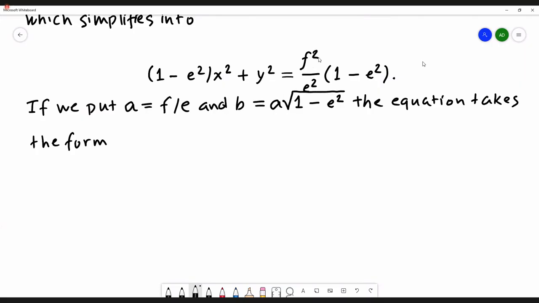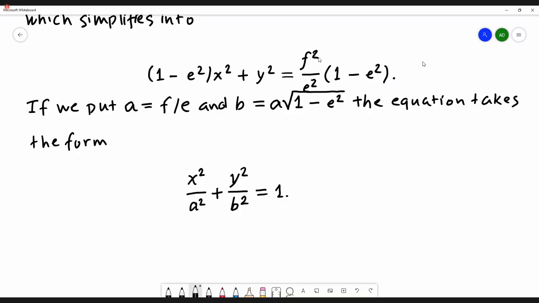But f squared over e squared is already called a squared. So on the left hand side we have x squared over a squared plus y squared over b squared is equal to 1. So this is the canonical equation of the ellipse.